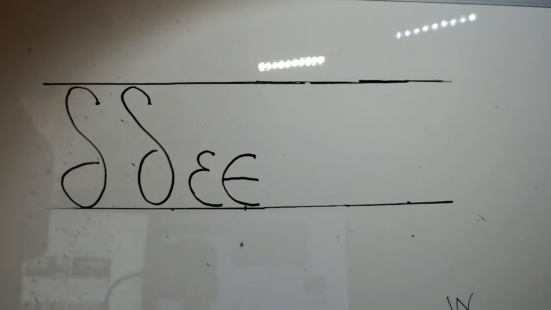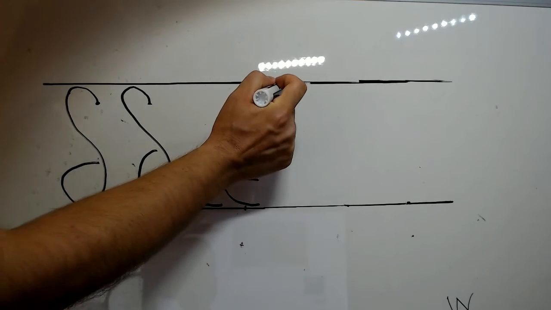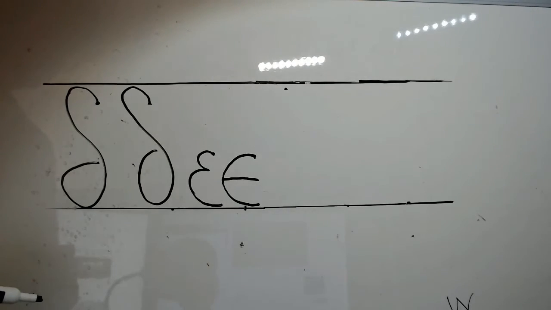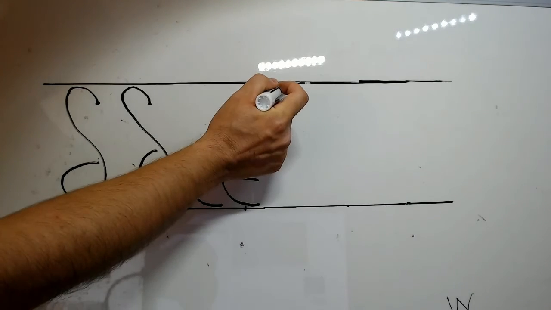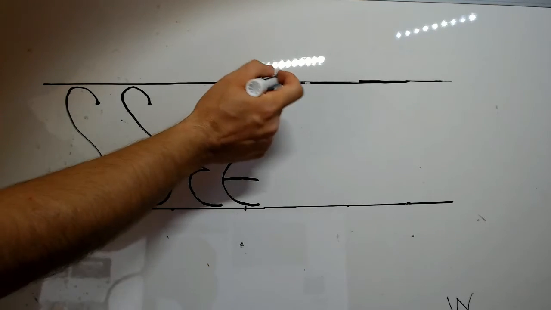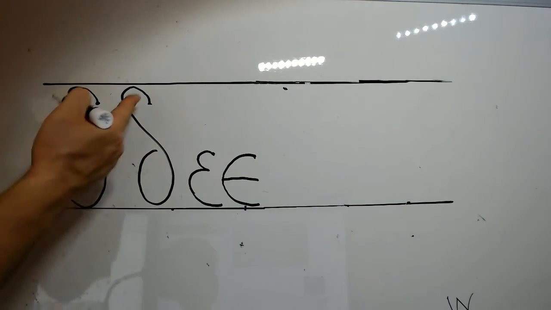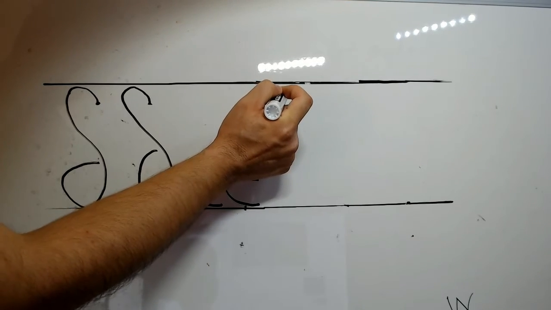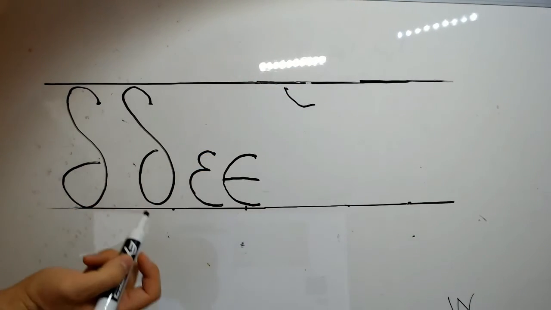Canadian Z. We're going to start up here. Be careful with this one. I'll do this one a couple of times for you, and I'll do it really slowly, because this one doesn't look like anything in English. We're going to start up here, close to the top, not quite right at the top, kind of like delta. But in this one, we're going to go the other way, kind of make a loop that starts down.